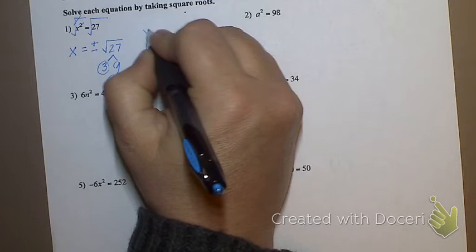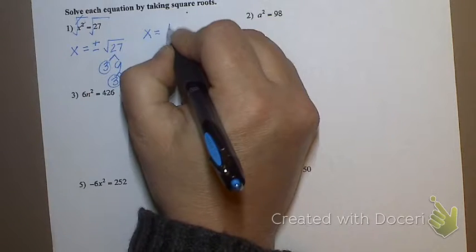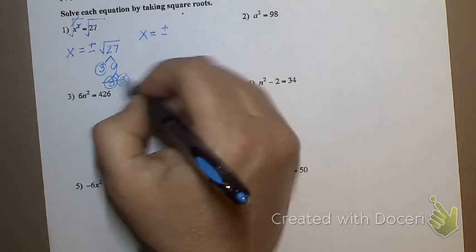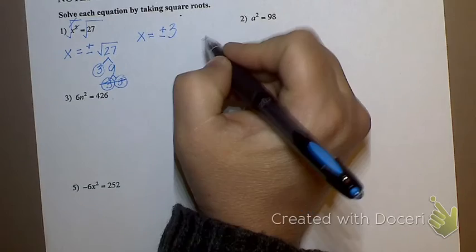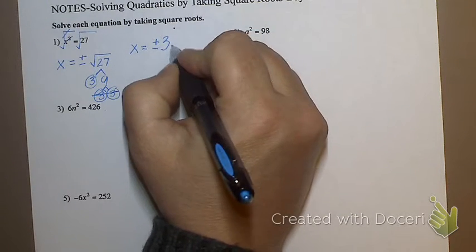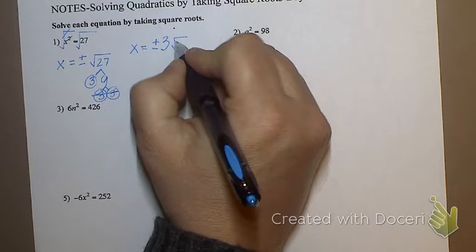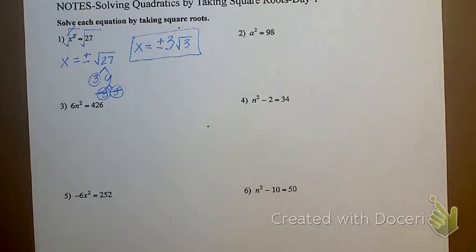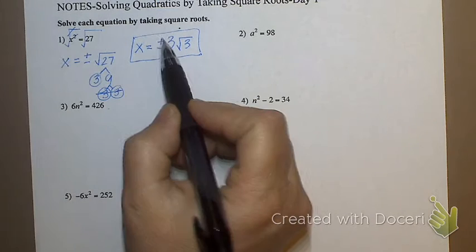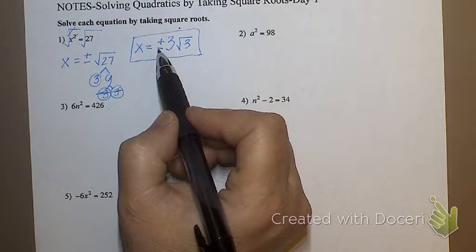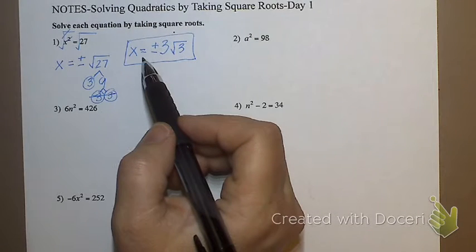So I have x equals, keep your plus or minus there in front, and then what comes out? I have a pair of 3s, so the 3 comes out. By the way, the plus or minus has to go in front of that 3. And then what stays inside? A 3. That would be my answer right there. X equals positive 3 radical 3 and x equals negative 3 radical 3. Putting this plus sign just makes it so we don't have to write 3 radical 3 twice. Okay, it's a little shorthand trick.